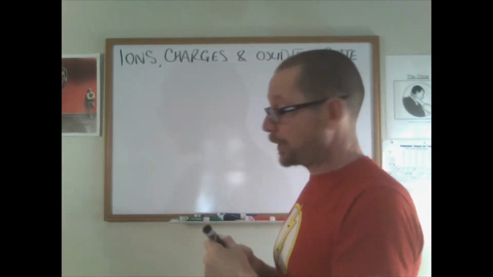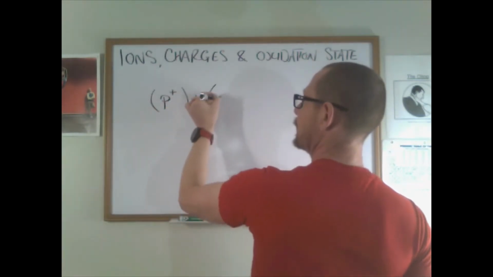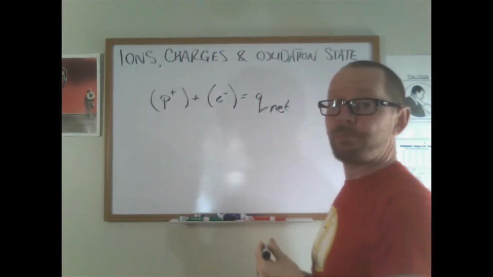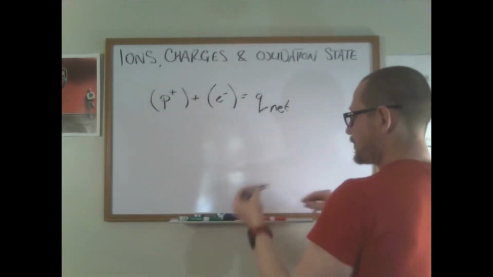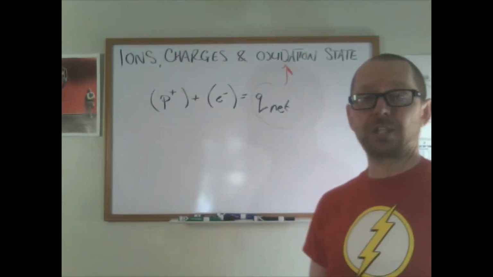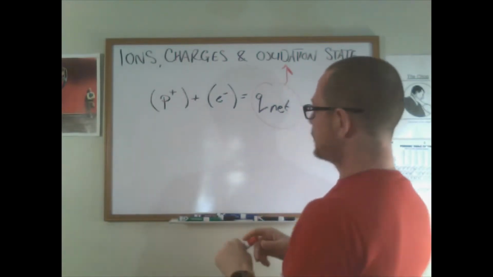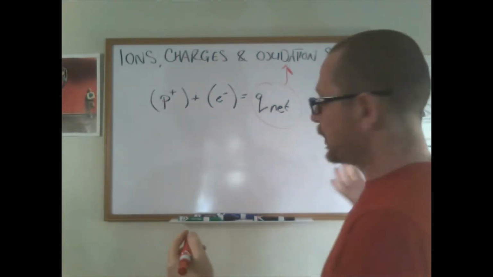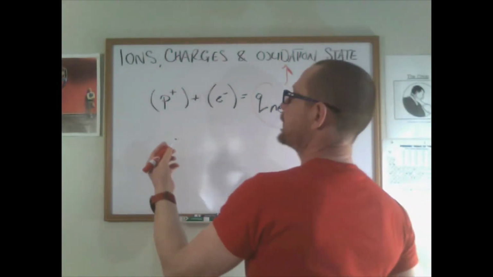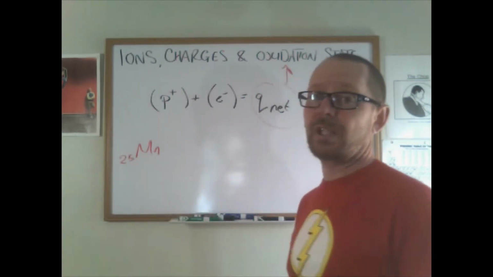The surplus charge: we've got p plus e neg equals Q net. This Q net is the oxidation state. It's just that simple. If I have an atom like manganese, Mn, looking at my periodic table, it's got 25 protons in its nucleus.